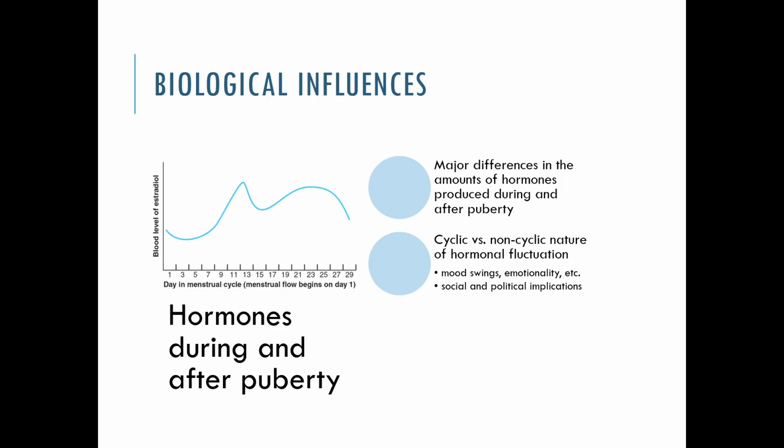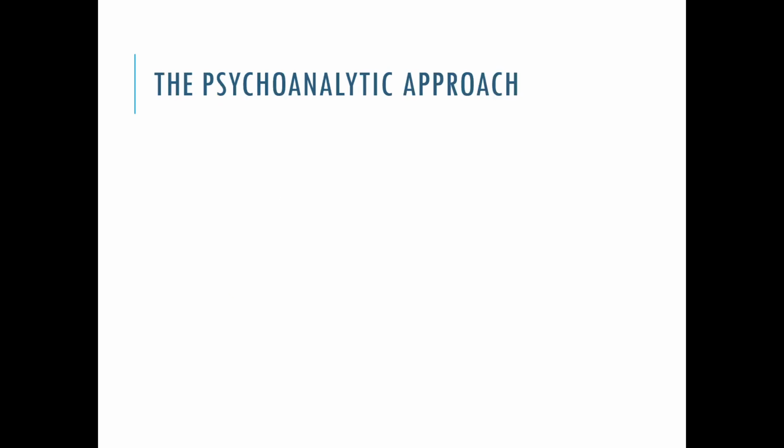Well, kind of you do. If you're going to blame the cyclical nature, you're going to be able to say, well, at certain points in the cycle we can't trust her judgments. However, I'd like to argue that you can trust female judgments at any point in their cycle, just like you can a male's judgment at any point in his hormonal patterns.